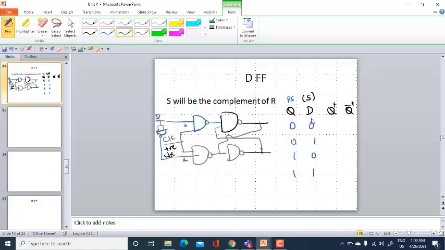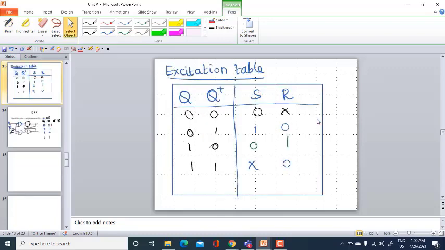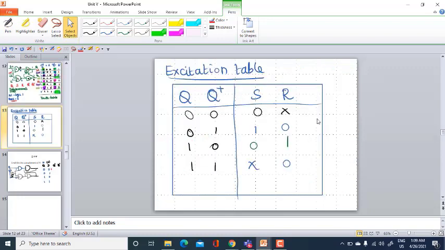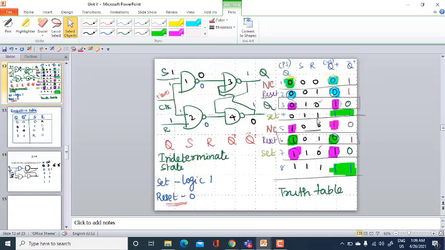So when S is 0, what will be your other one? R will be 1, right? S is 0, R is 1. As I already said, S is 0, R is 1.